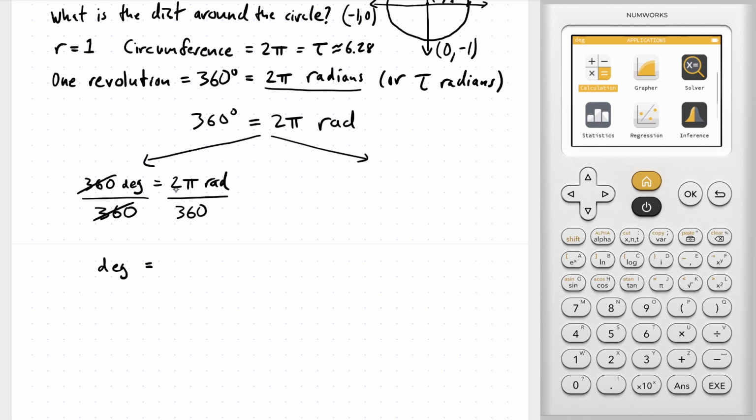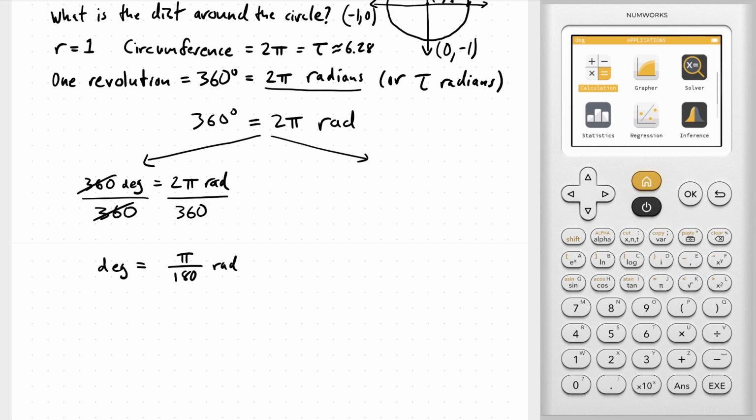So divide top and bottom by 2. Instead of 2 pi over 360, I'm going to write it as pi over 180 radians. So degrees is equal to pi over 180 times the number of radians.